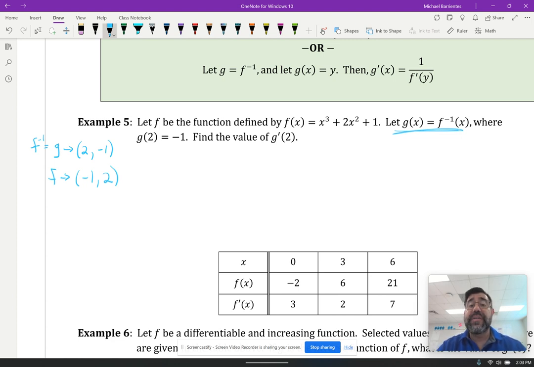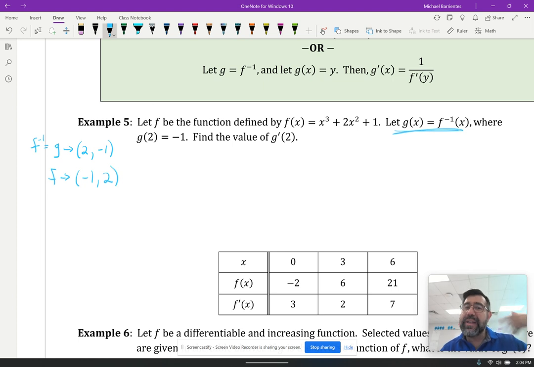And so what this says is there is a shortcut because there is a pattern. If I'm looking for the derivative of the inverse, the derivative of g, just take the derivative of the original function, but I'm going to plug in not the input of the inverse, I'm going to plug in the output of the inverse because that's the input of the original function.